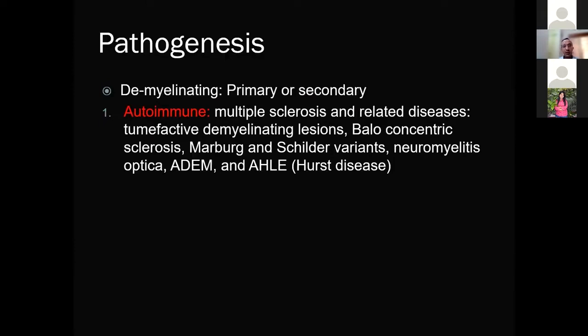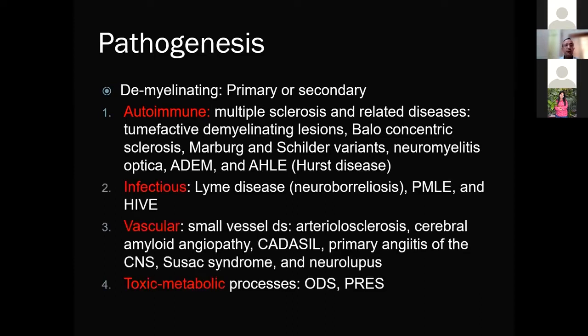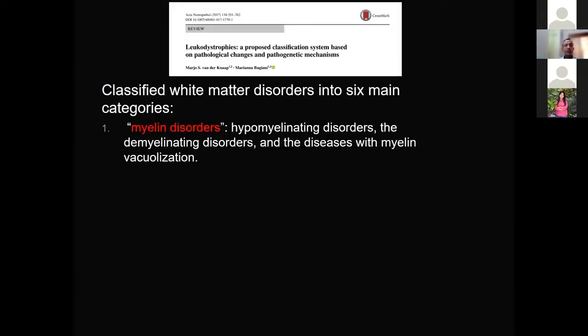Demyelinating diseases may be primary or secondary depending upon the cause, and they are broadly divided into 4 categories: autoimmune, infectious, vascular, or toxic and metabolic processes.